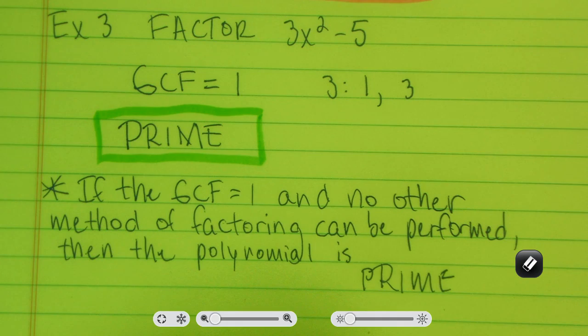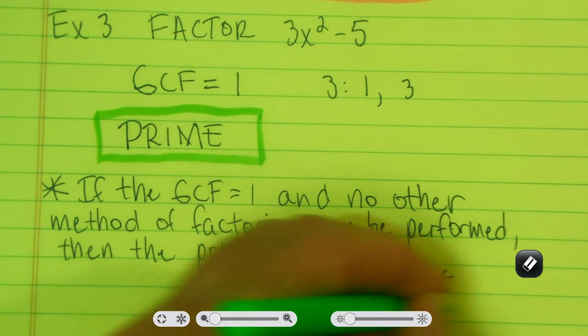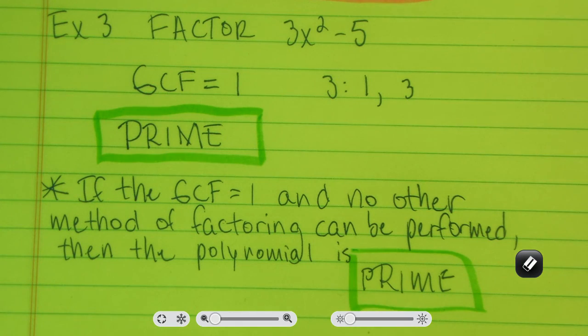So if the GCF is 1 and we can't factor it using any other method, then that polynomial is prime.